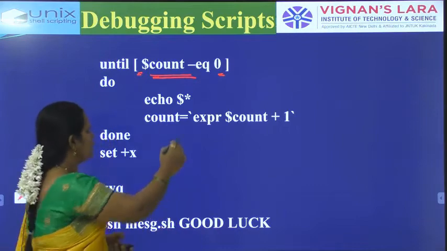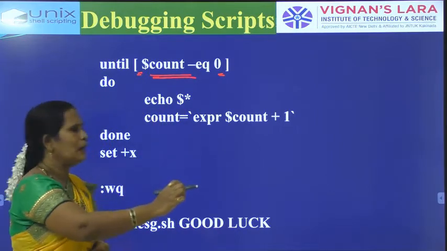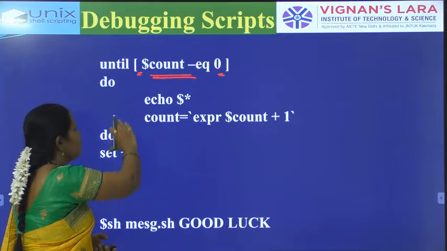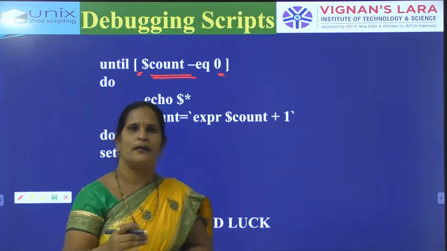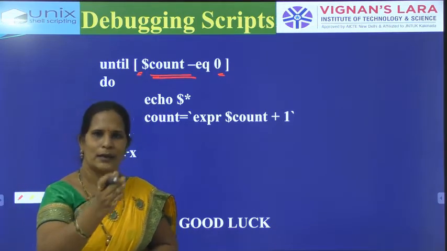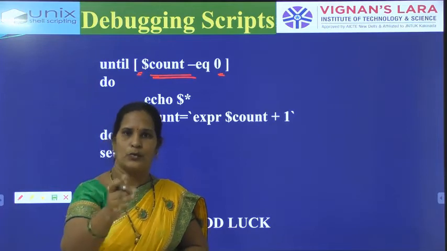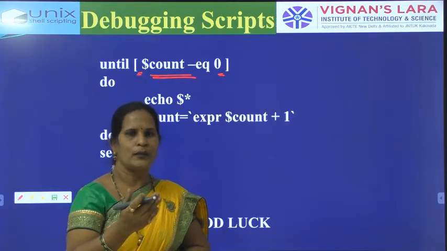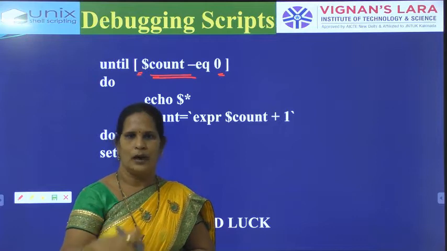If the conditional expression returns a false value, then only the statements specified between do and done are executed. If it returns a true value, then simply the control comes out of the until loop.